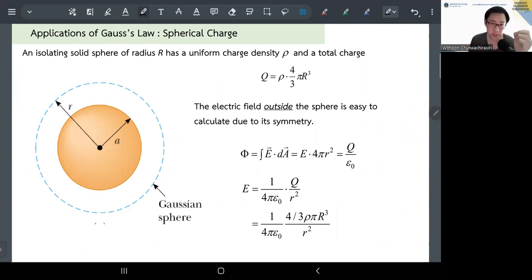To do this the easiest way, even though it may be given that the net amount of charge in this ball is capital Q, the way we can define this amount of charge in a three-dimensional object is by using density. You guys remember density?